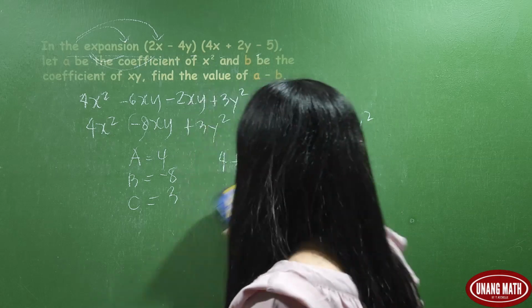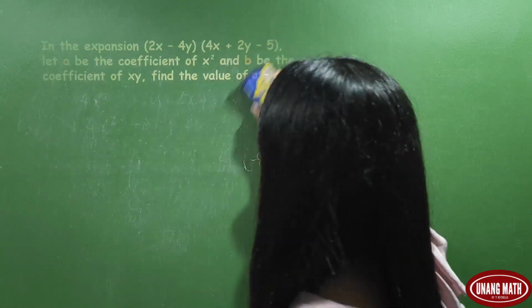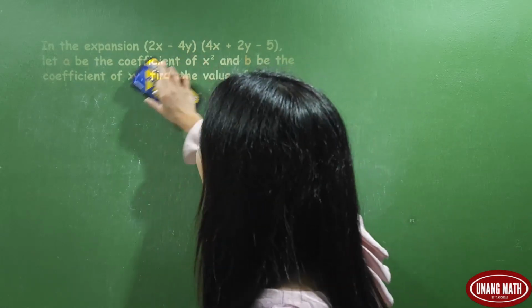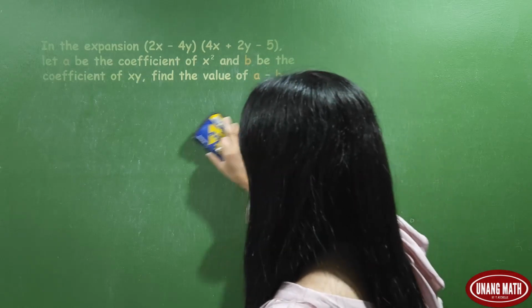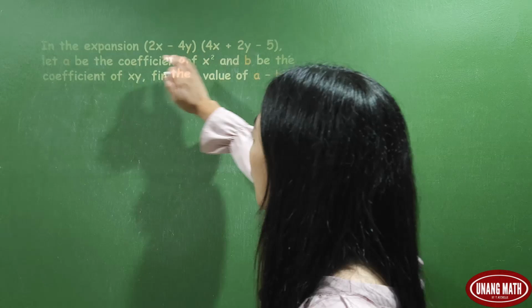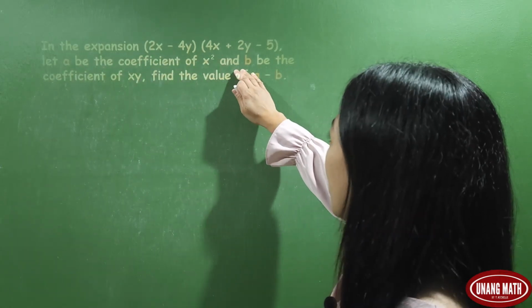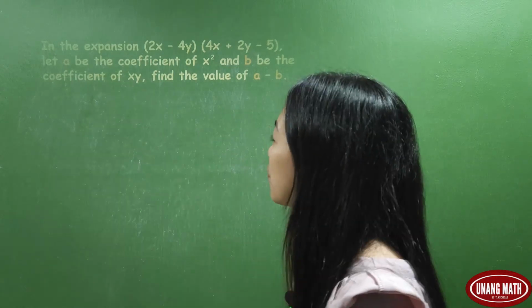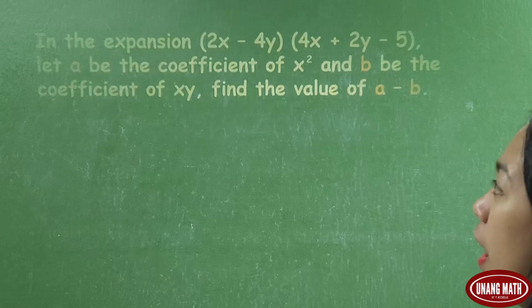What about this next problem? In the expansion of 2x minus 4y, that is our first polynomial, times this polynomial 4x plus 2y minus 5, we will let a be the coefficient of x squared and b be the coefficient of xy. Find the value of a minus b.